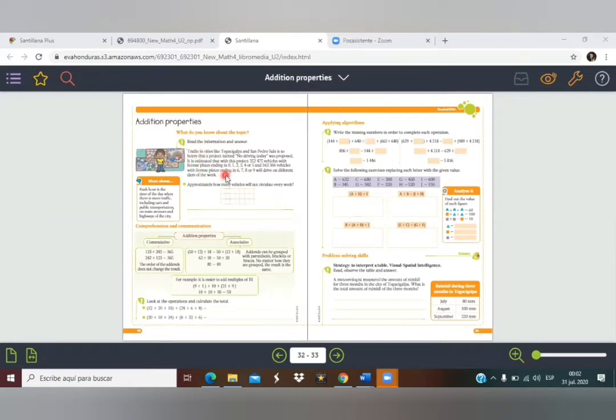We are going to read this part. Traffic in cities like Tegucigalpa and San Pedro Sula is so heavy that a project named No Driving Today was proposed.